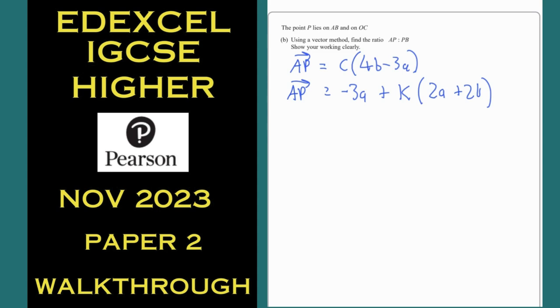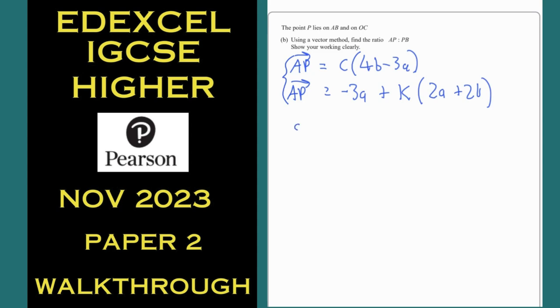And now the logic really is, we've now got both of these things in terms of A and B. We can equate them because they should be the same.